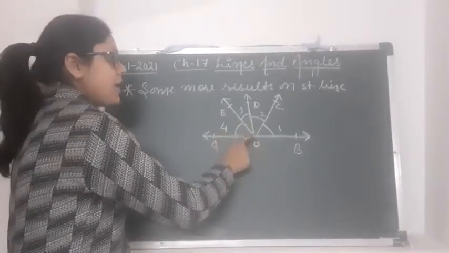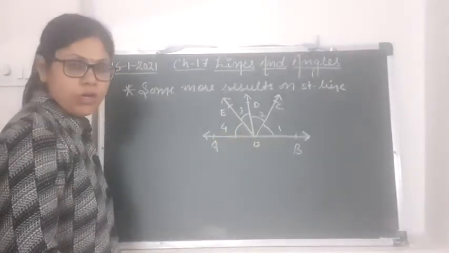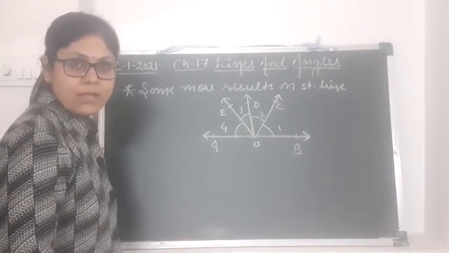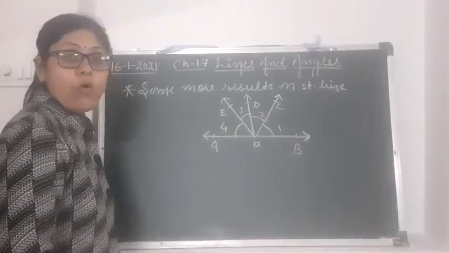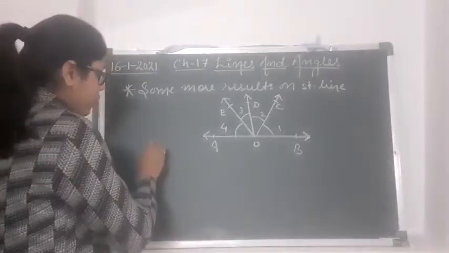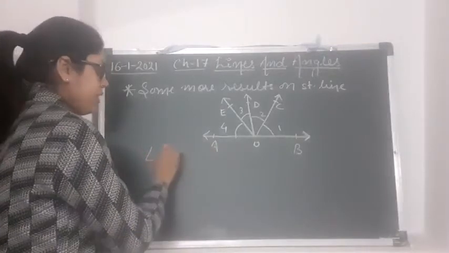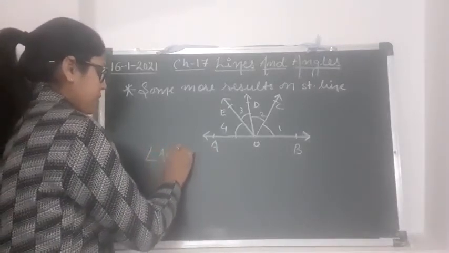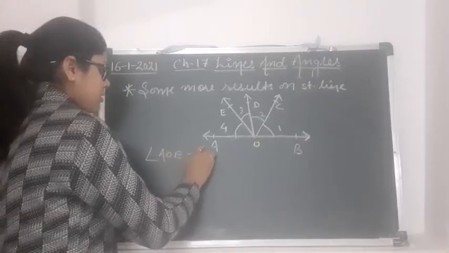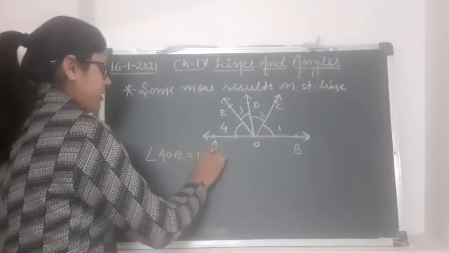Now, on this line, at point O or vertex O, how many angles are forming now? 4 angles are forming. So, because angle AOB is a straight line, it is equal to 180 degrees.